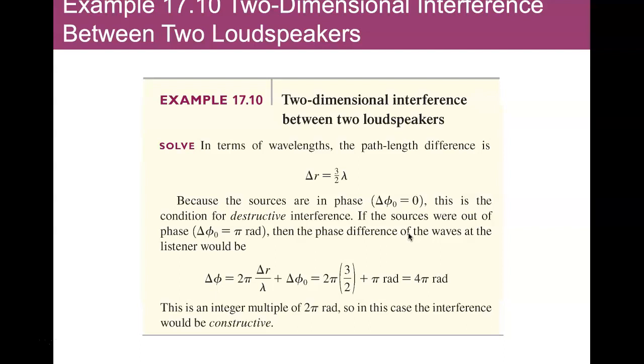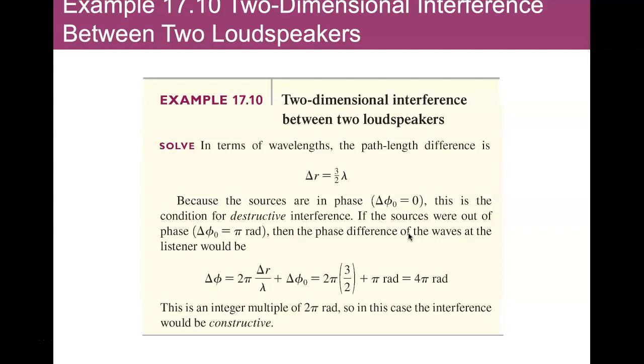So that's, or becomes 3 pi, which is equivalent to pi. Remember, factors of 2 pi don't matter in a phase. So that's the condition for destructive interference.